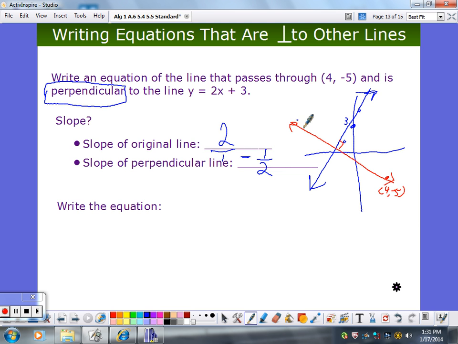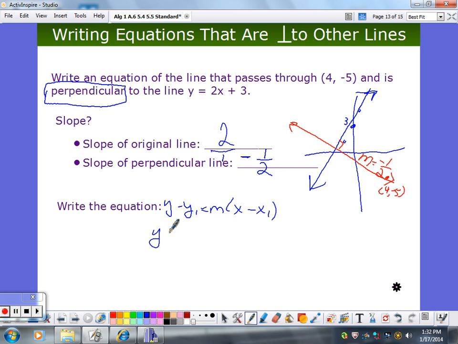So what is the slope of this line here, the red line? Negative 1/2. And do I have a point on that line? Yes. I have a point and I have a slope. Point-slope: y minus y1 equals m times x minus x1. So let's see, my point is (4, -5).